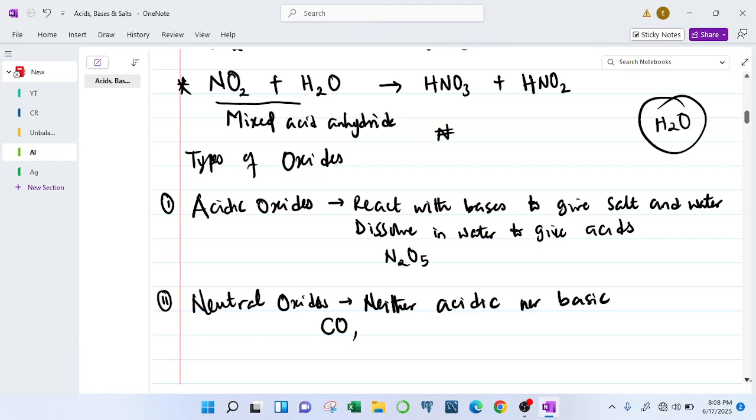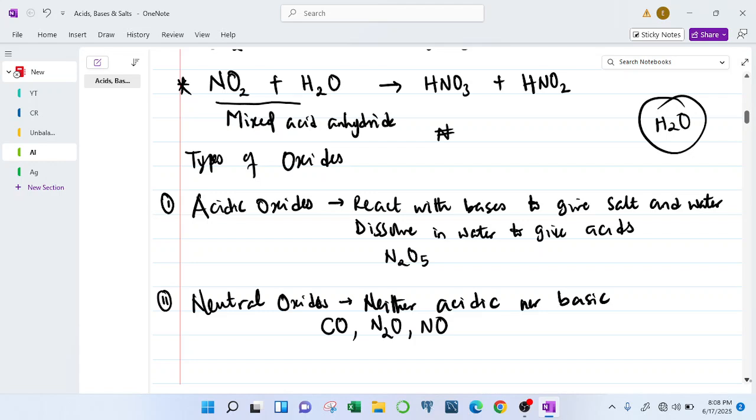Other examples are N2O and NO. These are the most popular ones: dinitrogen oxide, and then nitrogen oxide. So you can see, don't mix them up. Nitrogen pentoxide is an acidic oxide. Nitrogen dioxide, which is NO2, is an acidic oxide.